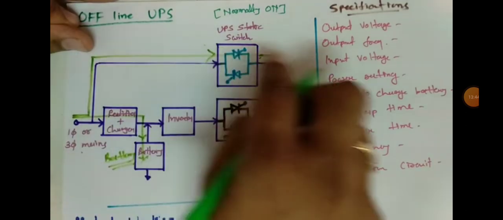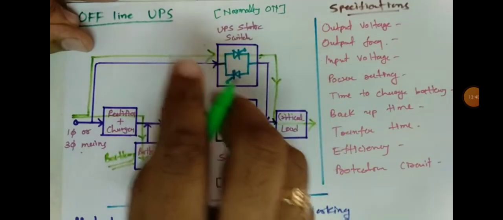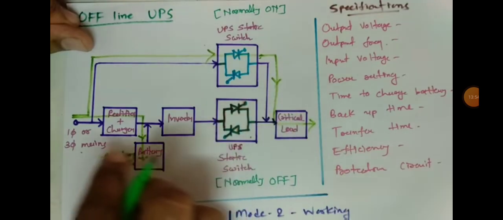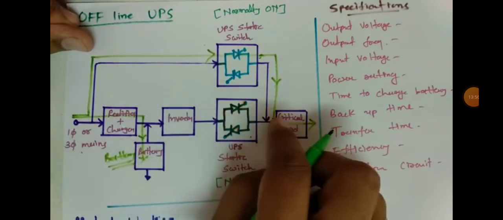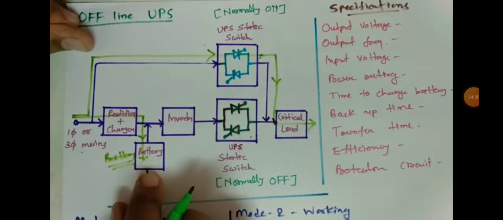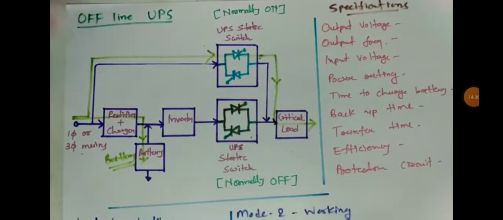So here this input signal will charge the battery, and that is what is delivered to the load via the normally on switch. The normally off switch is off, so because this switch is off, this signal will not reach over here. But at the same time it will be charging this battery, and at that time it will be providing signal to the critical load.